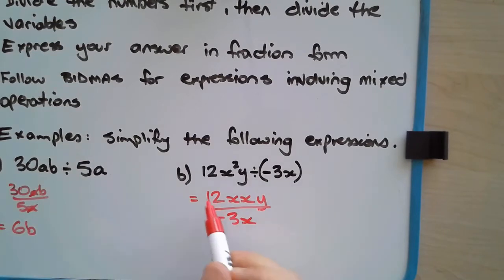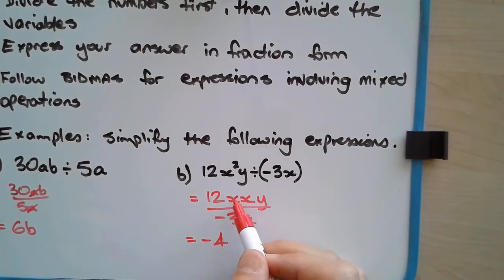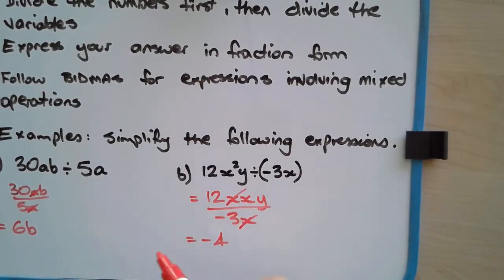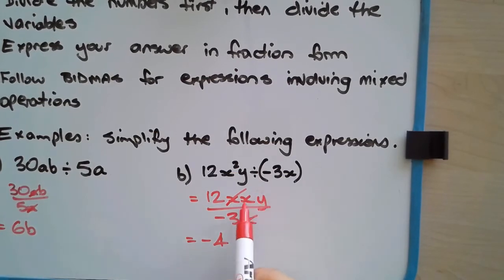Let's divide the numbers. 12 divided by negative 3 is negative 4. Now look for matching pronumerals, numerator and denominator. You can see that we can match one of the x's in the numerator with an x in the denominator, and you can cross them off. So what we're left with is an xy. So the simplified expression is negative 4xy.